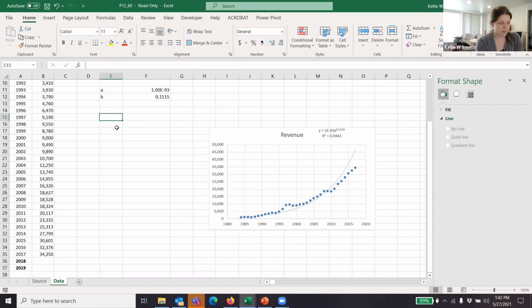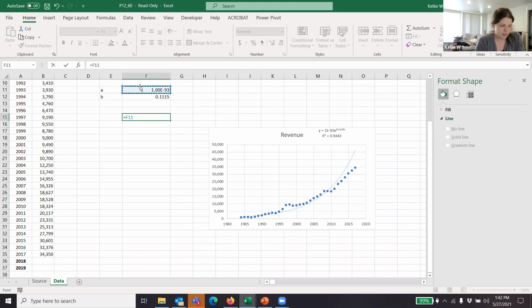Okay, so for my equation, I have this, and then I'm going to multiply it.